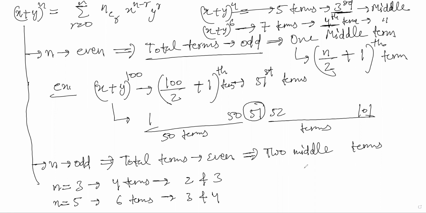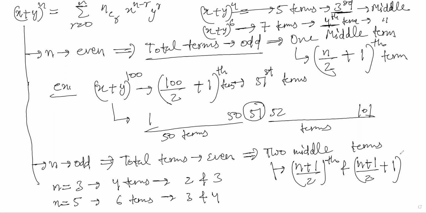So what I can do is, see, (3 plus 1) by 2. 3 plus 1 is 4, 4 by 2 is 2. 5 plus 1 is 6, 6 by 2 is 3. So the 2 middle terms will be: the first will be the (n plus 1) by 2th term, and the term next to it. If n is 3, the second term will be the middle, and the term next to it.